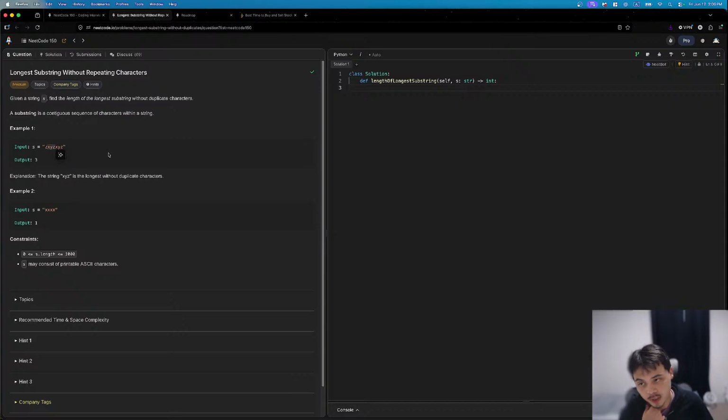And then we can update our substring length. And then here we can start expanding again.